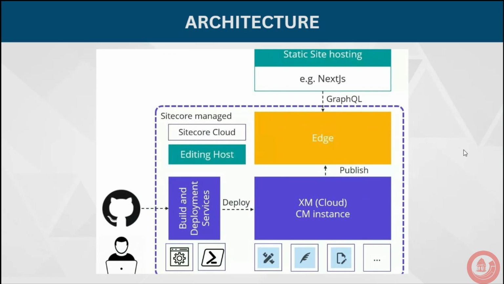In case you have any C# or .NET code or your middlewares or your APIs, that will get deployed on your XM Cloud instance. In case you're a front end developer and you're making changes in your Next.js project or your React project, that gets deployed into your static site hosting, which might either be Vercel or Netlify. And whenever you publish anything on your XM Cloud instance, it will publish to your Edge delivery platform.